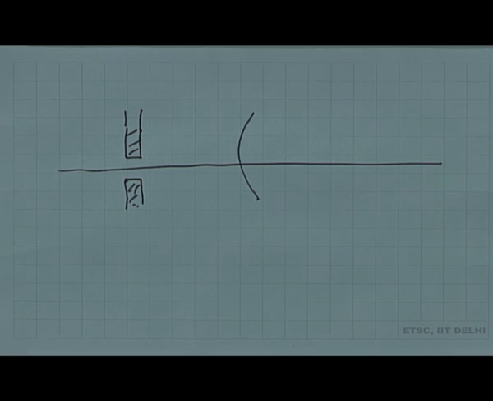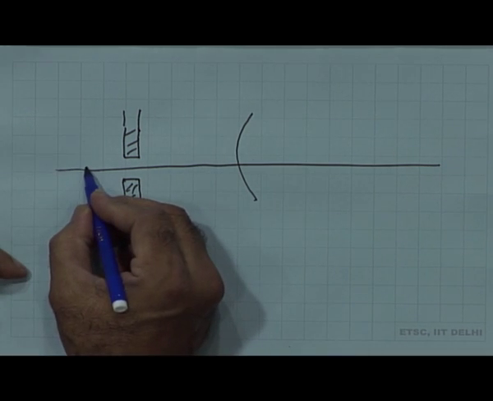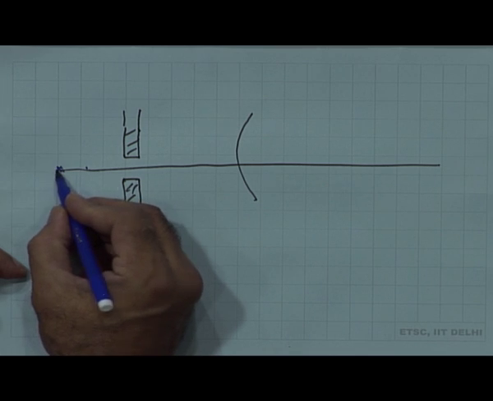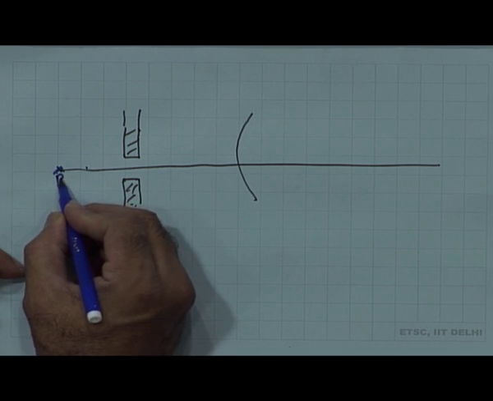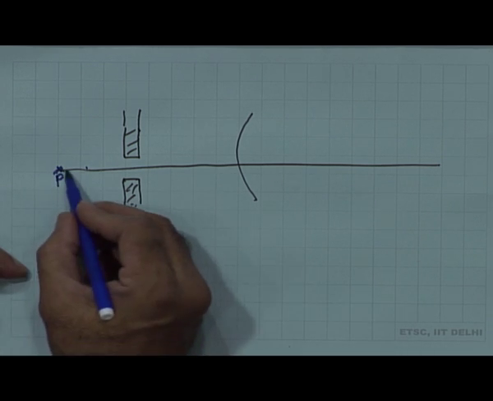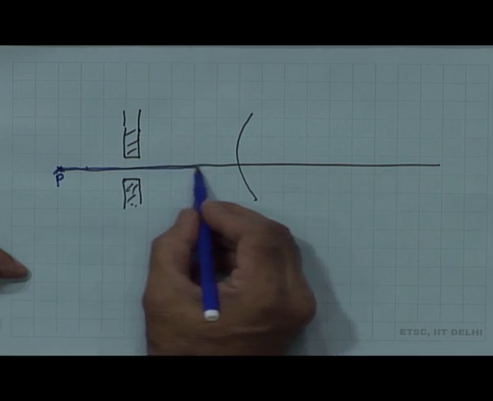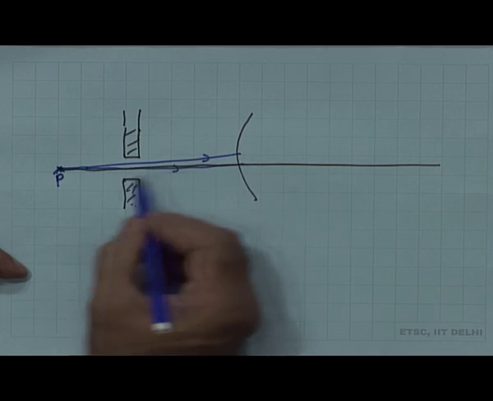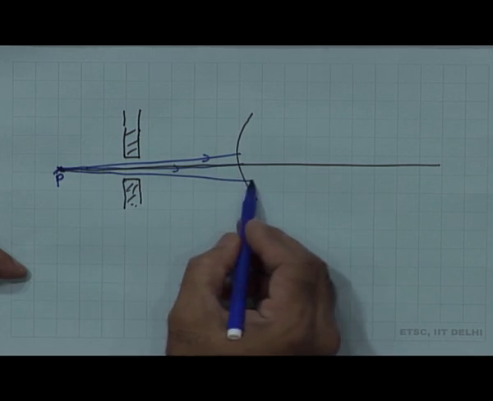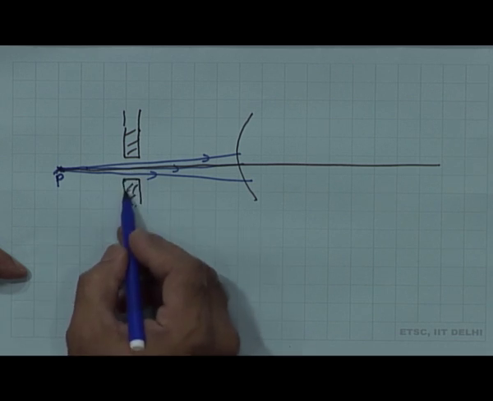Let me show you in a different color. If I have a point object O or a point source P here, then only rays which travel close to the straight line, making small angles, will be able to pass through this aperture.